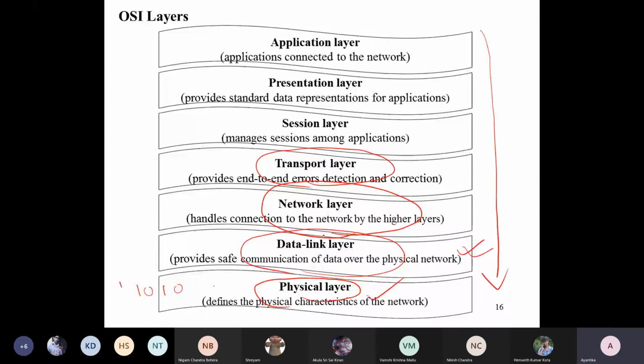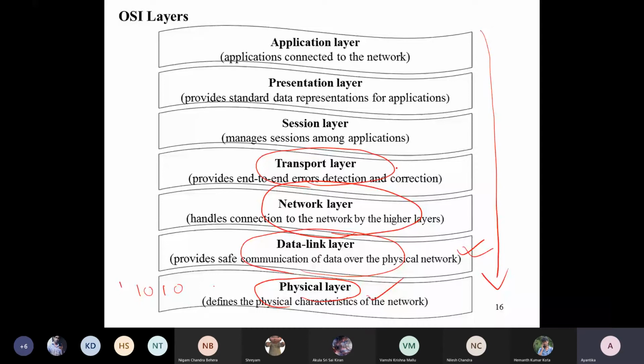And then comes the transport layer. In the transport layer, we are confirming the port-to-port communication. Initially, you can think of it like this: in the network layer, you can think about node-to-node communication, and in the transport layer, final port-to-port communication, with error correction and detection, all this part is confirmed.